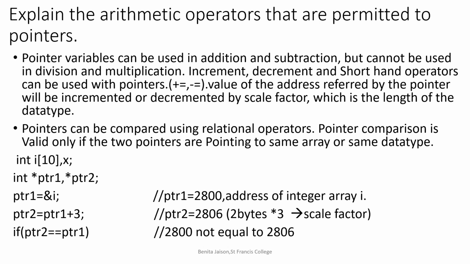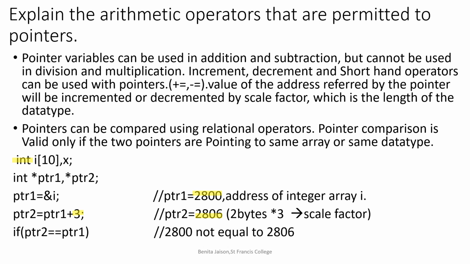Suppose ptr1 is 2800, as I have given in the example. If you increment ptr2 by 3, as it is an integer, it will be incremented by 3 into 2 bytes, that is 6 bytes, so it will be incremented to the address 2806.